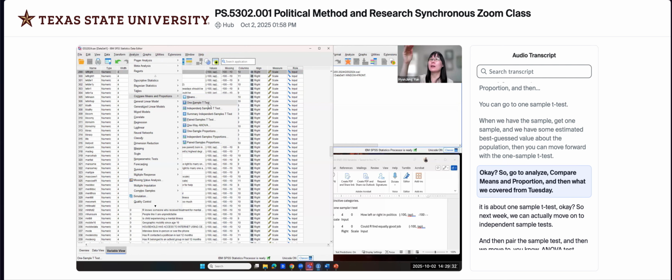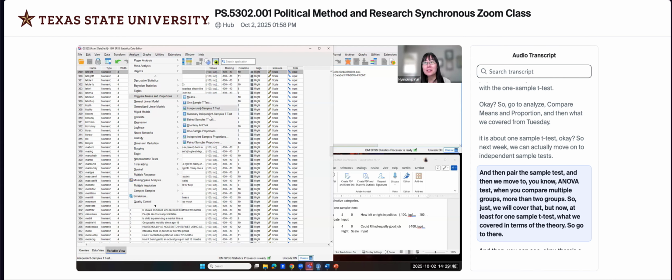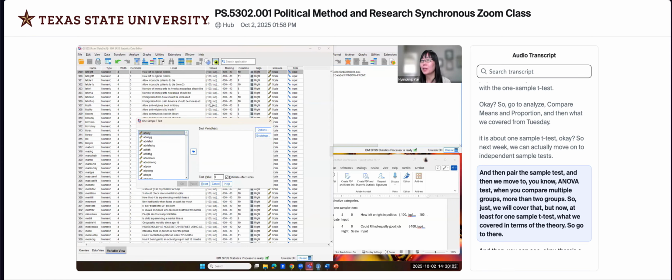So go to analyze, compare means and proportion, and what we covered from Tuesday is the one sample t-test. Next week we can move on to the independent sample test, and then a paired sample test, and then we move to ANOVA when you compare multiple groups, more than two groups. But for now, at least for the one sample t-test, we covered the theory. So go to there.